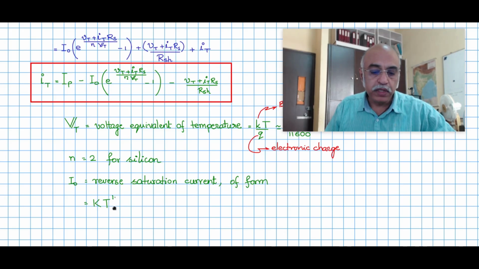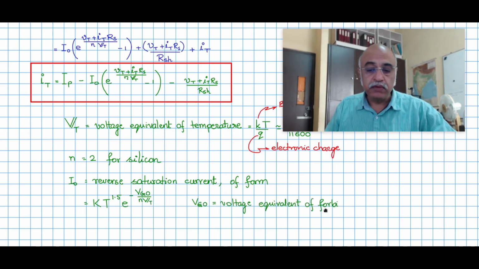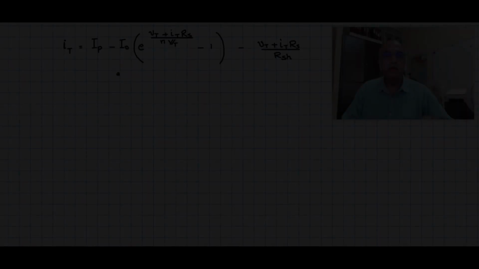It is proportional to T to the power of 1.5, with T again in Kelvin, times e to the power of minus VGO divided by N VT. Here VGO is the voltage equivalent of the forbidden band gap, which is approximately 1.16 to 1.21 volts.